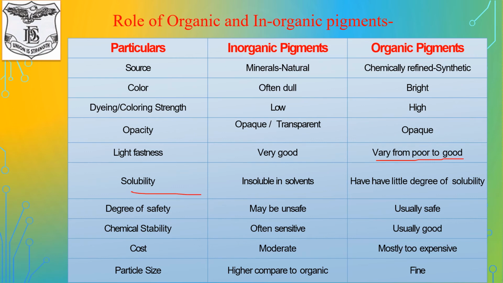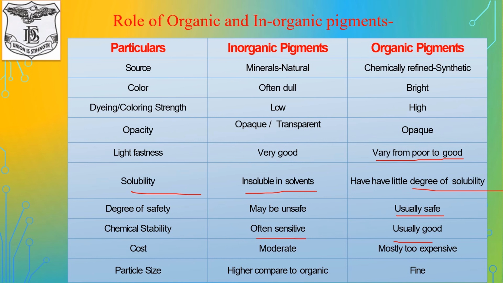When you see the solubility, inorganic pigments are insoluble in solvents, but organic pigments have a little degree of solubility. Degree of safety: inorganic pigments may be unsafe because sometimes they contain heavy metals, and organic pigments are usually safe. Chemical stability: inorganic pigments are sensitive to chemicals.